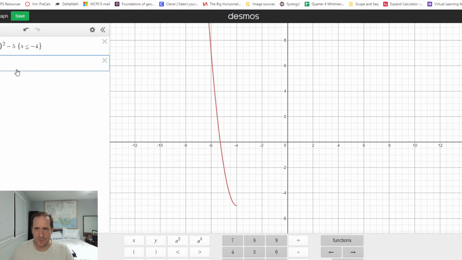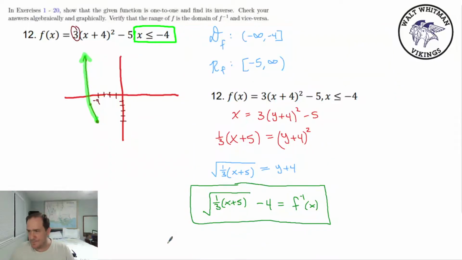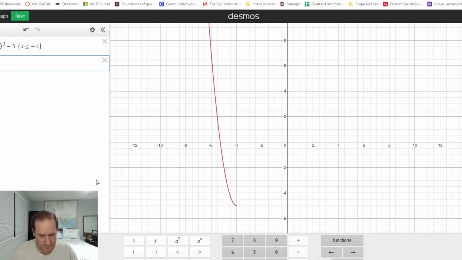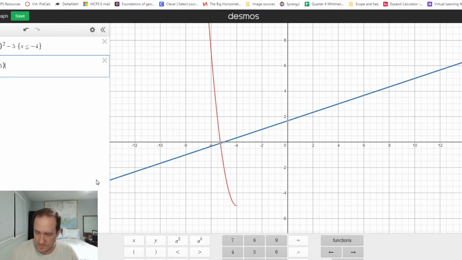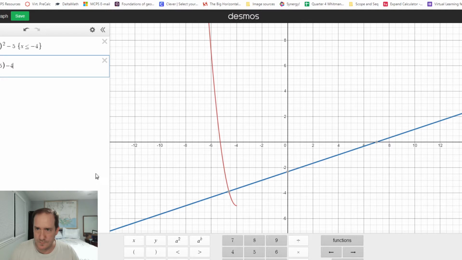So whatever, big whoop. Now let's put in our inverse function that we found. See how that goes. That's from here. So it was 1/3 x plus 5, minus 4. And this is all under a radical.